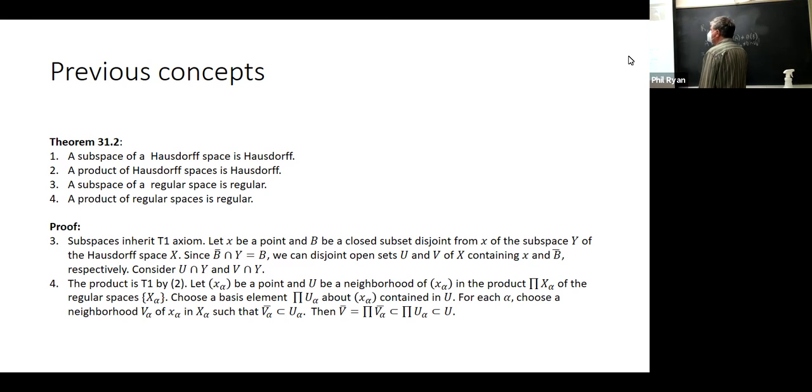Normal is a whole lot more scary. For example, here's an unsolved problem in topology, so you could write a PhD thesis on this if you like: is R^omega normal in the box topology?